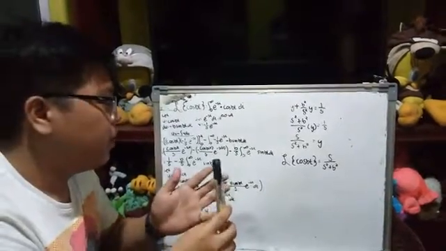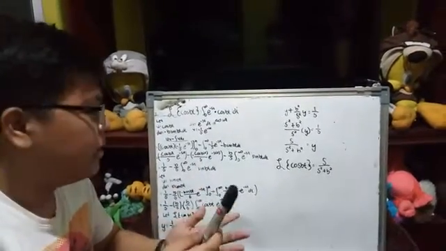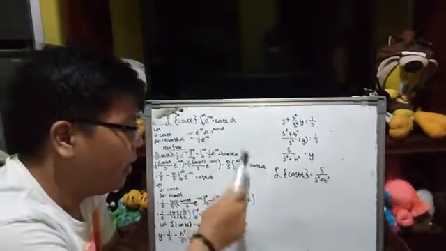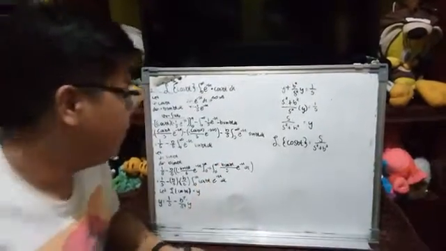Negative times negative is positive, and multiplying positive and negative gives negative b over s, and the integration of e raised to negative st sine bt dt.